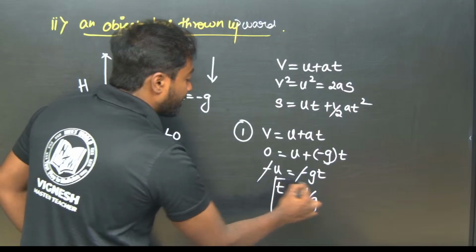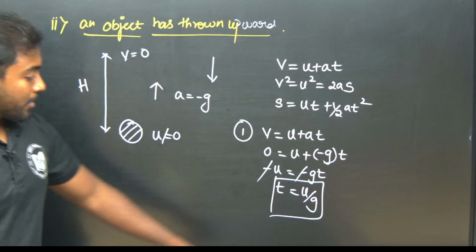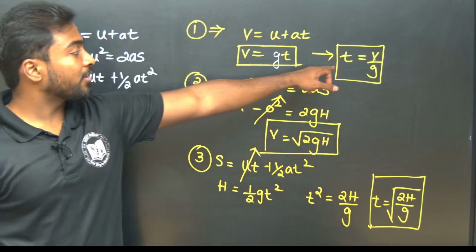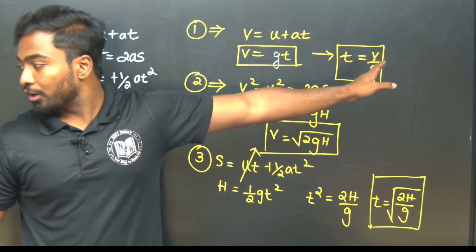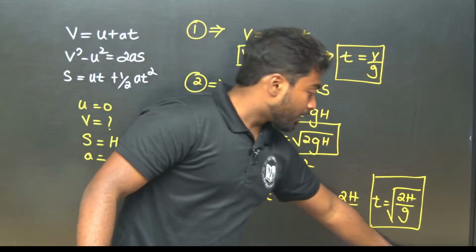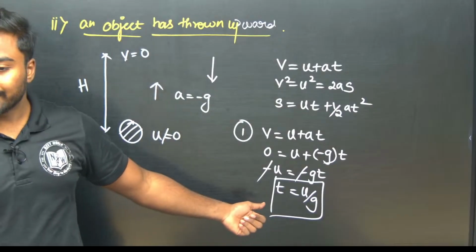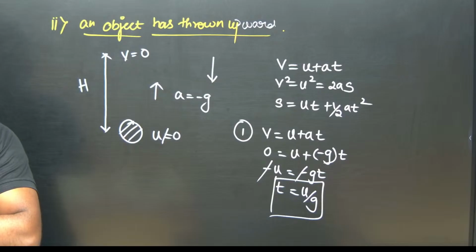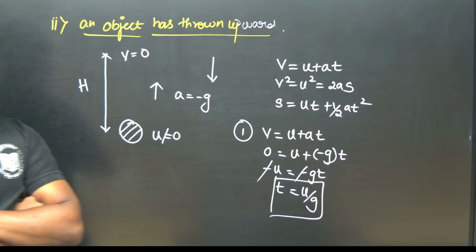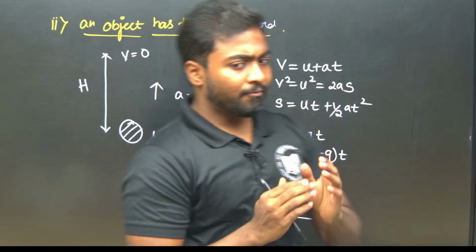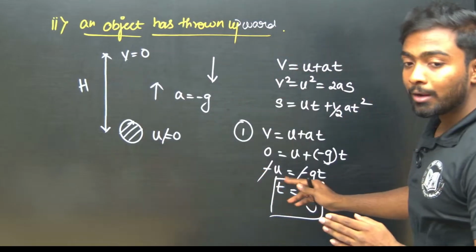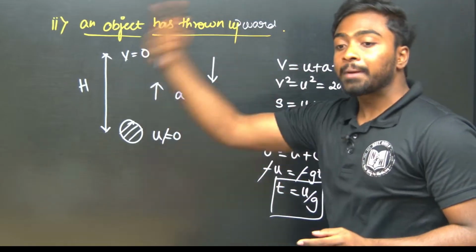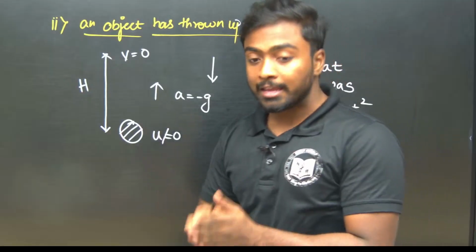Am I getting the same thing here? In the previous case I got T equals V by G, velocity by gravity, right? Here also I am getting the same thing. One thing: it is equal when I consider that the previous case height and this case height are equal.